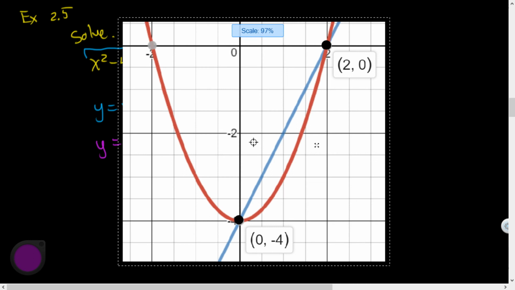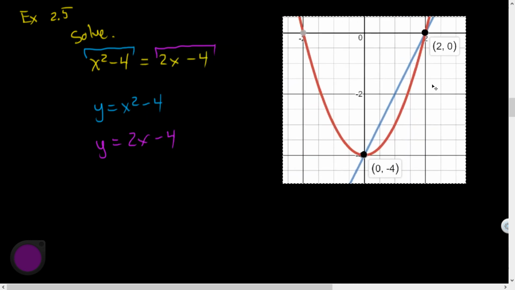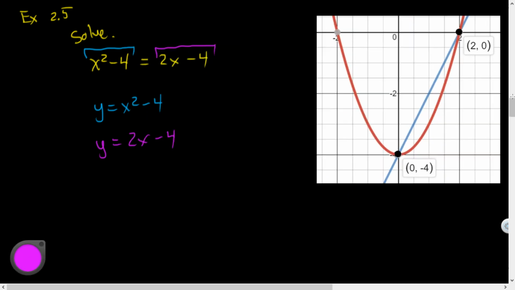My solutions are going to be the x coordinates of these. What are my x coordinates? One of them is 2, so I get x equals 2, and the other one is at 0, so I get x equals 0.